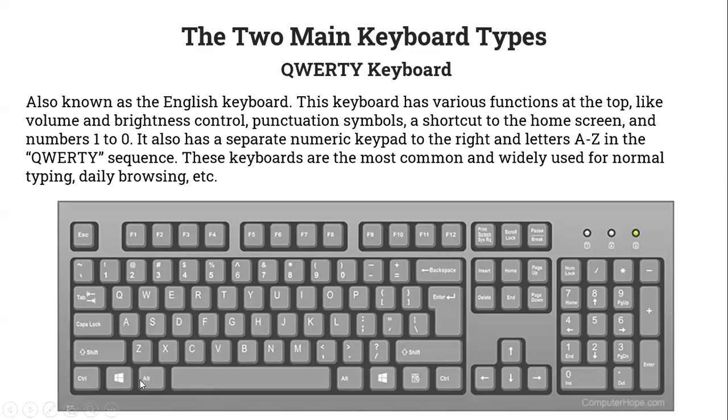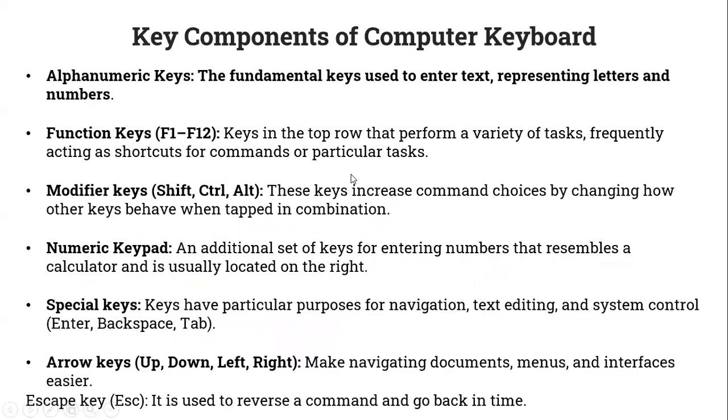Control. Can someone tell me what the ALT key means? Another person, please. It means to alter. Alt is short form for alternate key. So these keys are called modifier keys.